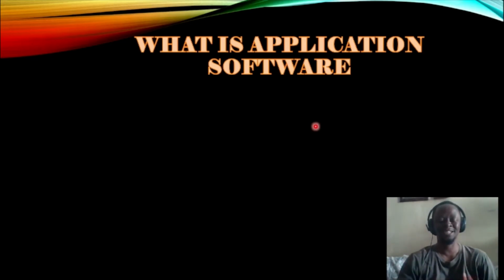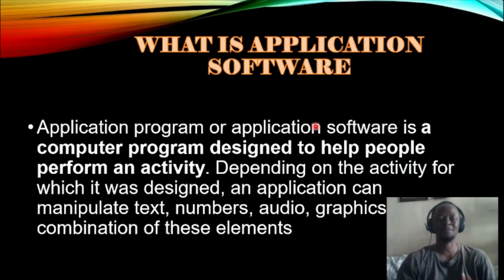This is exactly how it manipulates. The first thing here is that an application program, or application software, is a computer program designed to help people perform an activity, depending on the activity for which it was designed.